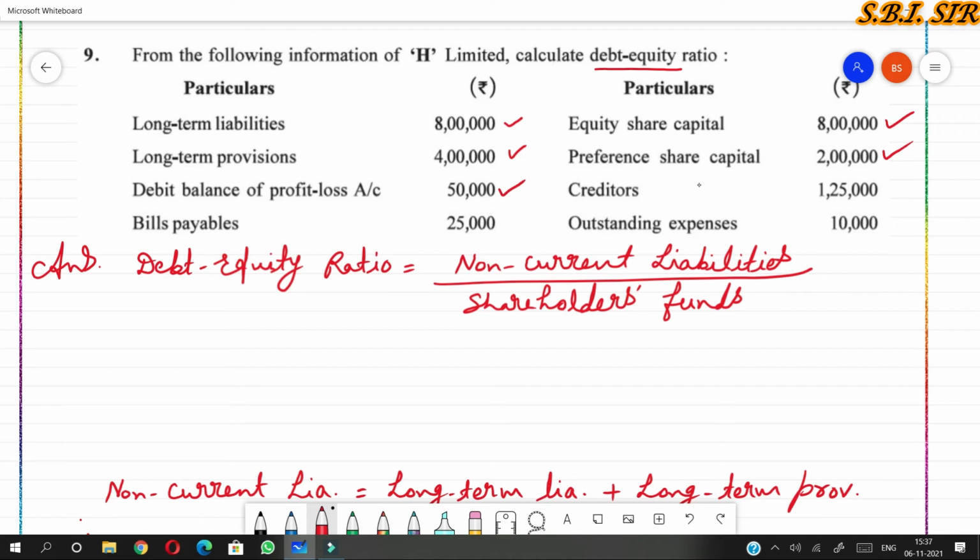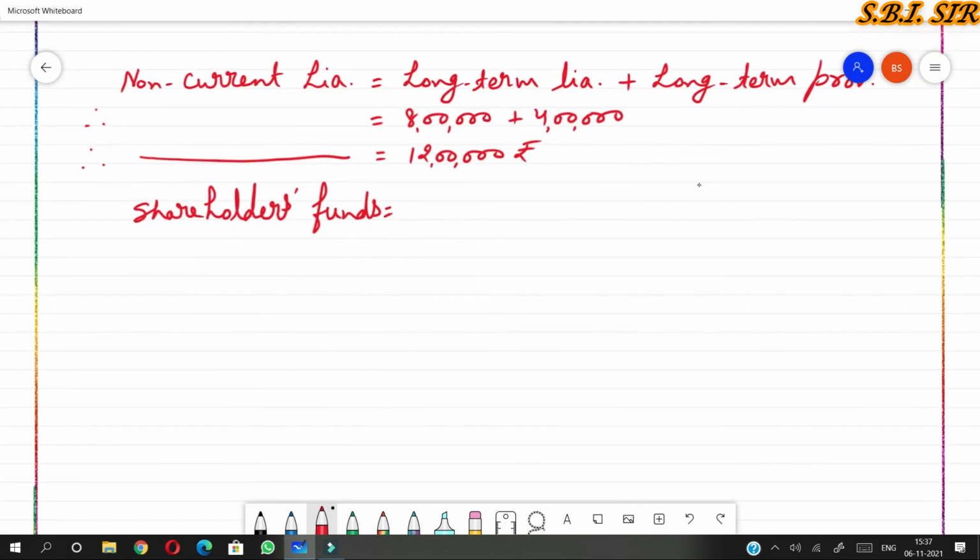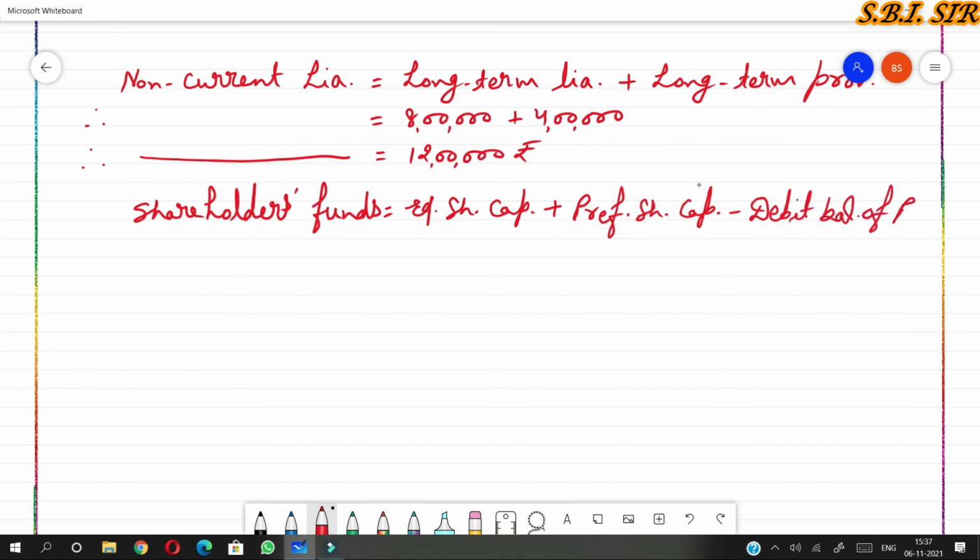It is debit balance of profit or loss account, so we will deduct it from the total of equity share capital and preference share capital. So we will write here like this: equity share capital plus preference share capital minus debit balance of P&L account.